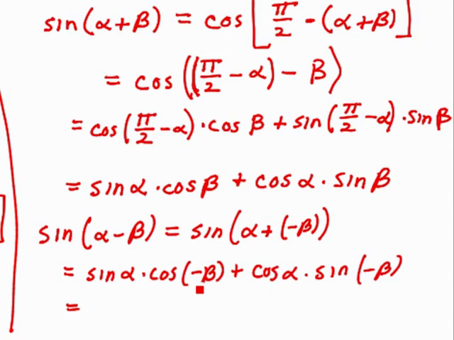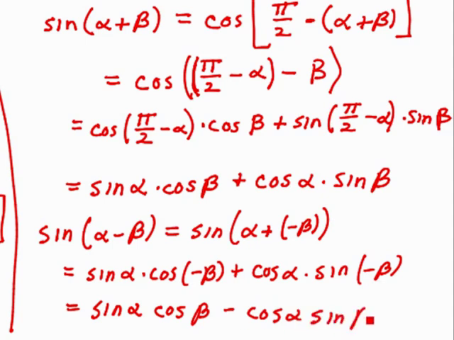Cosine of negative beta is the same as cosine of beta because the cosine function is even. And then the sine of negative beta is negative sine beta, so that's sine alpha cosine beta minus cosine alpha sine beta.